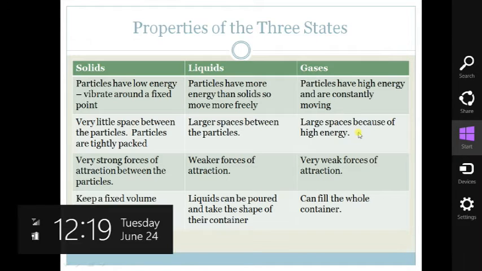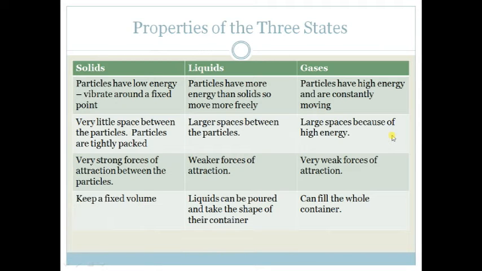Because of this, the gas particles have large spaces between them, whereas the liquids have smaller spaces than the gases, but much bigger than the solids. Solids have got very little space between the particles, and the particles are very tightly packed.